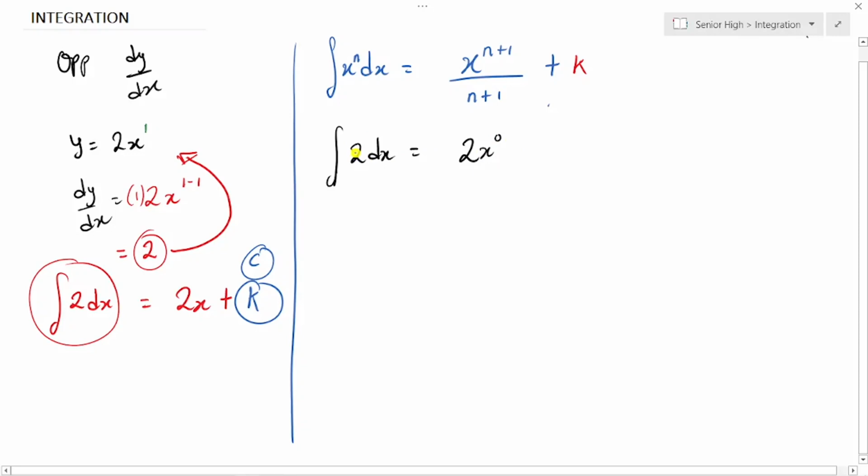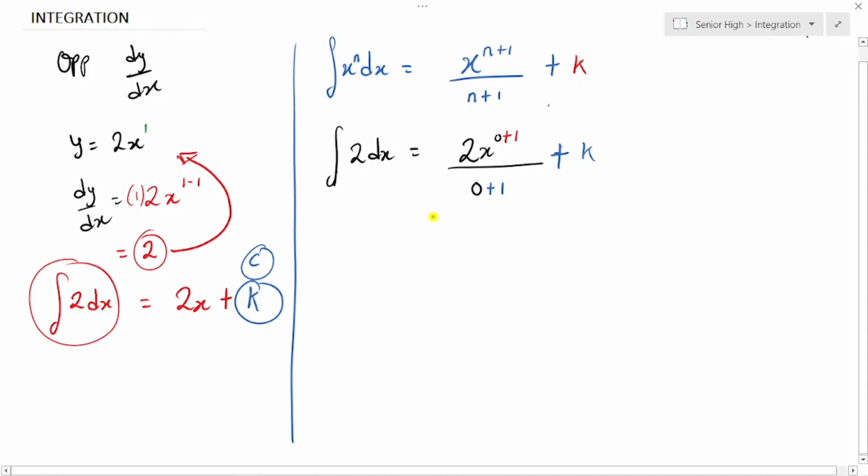Because if 2 is just standing alone, then the x value is x to the power 0. So we do x to the power 0 plus 1 over 0 plus 1. Remember, you add your constant k.